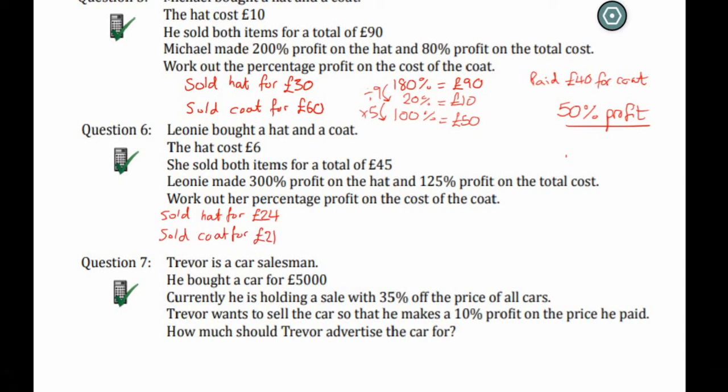Okay, £45 is a 125% profit. So 225% is 45. What's 100%? I'm going to turn this into 1%. I know it'll give me a very small amount.